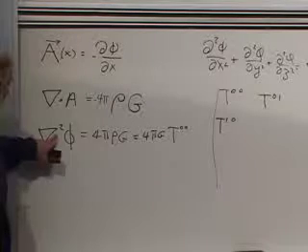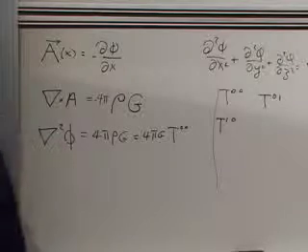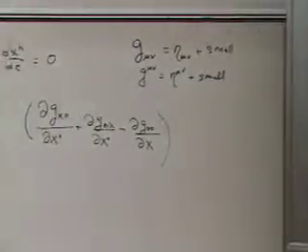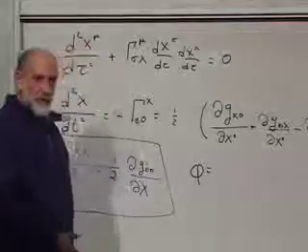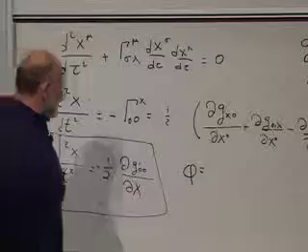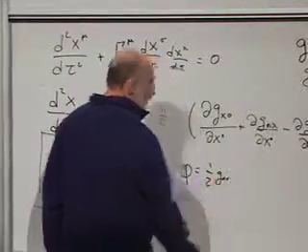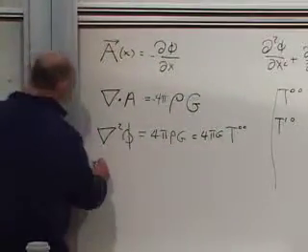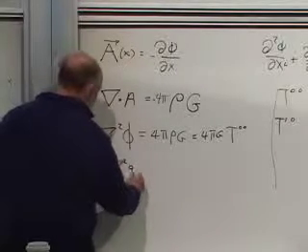On the left-hand side is the second derivative of phi, which is closely related to the second derivative of g naught naught. Remember, what was the connection now? Phi is equal to either 1/2 g naught naught or twice g naught naught. Which way was it? Phi is equal to 1/2 g naught naught. So on the left-hand side, I can write that this is 1/2 del squared, second derivative of g naught naught.